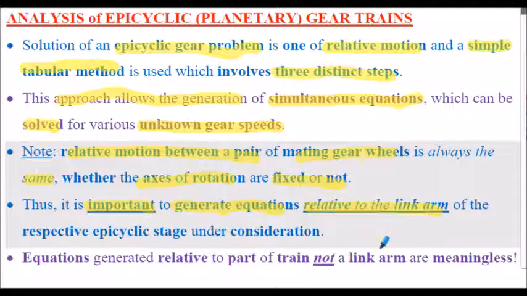So we're kind of doing what we did before with the previous analysis when calculating velocity ratios, but we've got to be careful here because the link arms they're connected to could be moving. So it's important to always generate equations relative to the link arm of the respective epicyclic stage you're considering.